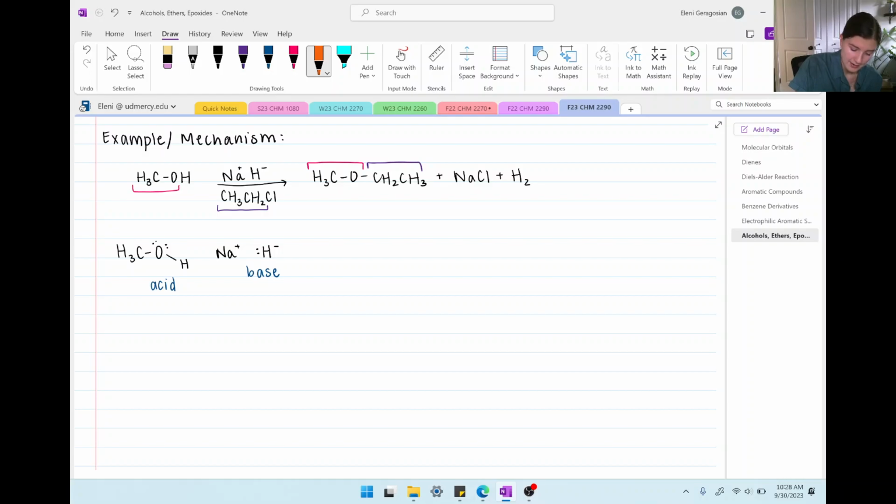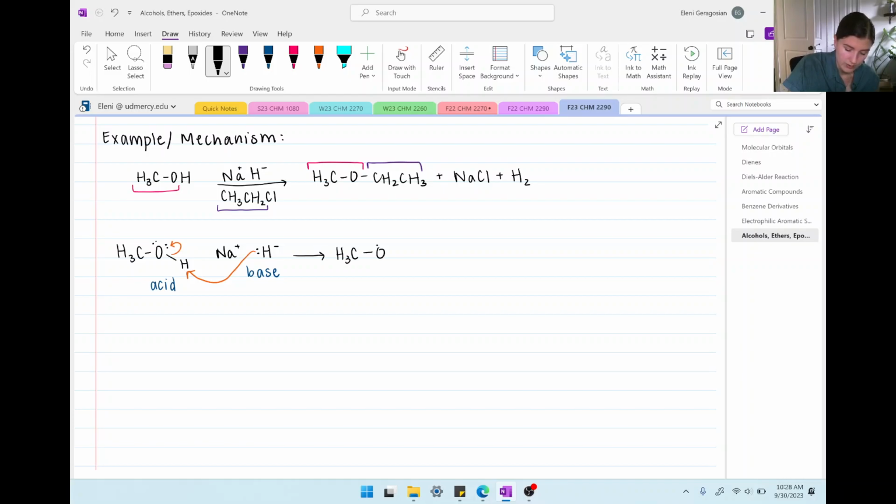So here our hydride will create a bond to the acidic proton on the alcohol, the one that's bonded to the oxygen, and the electrons from that bond between oxygen and hydrogen will be owned by that oxygen. So this is our first step here. We're only doing a proton transfer, so an acid-base reaction.